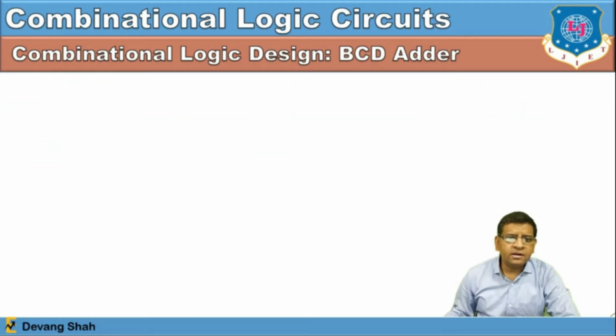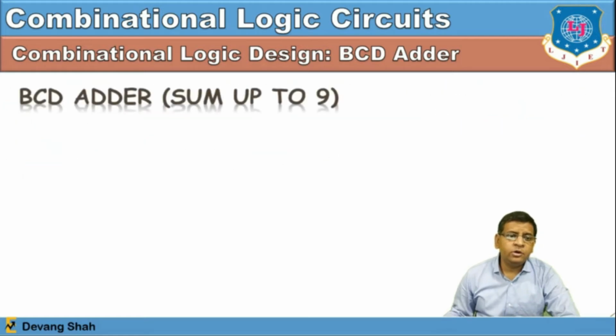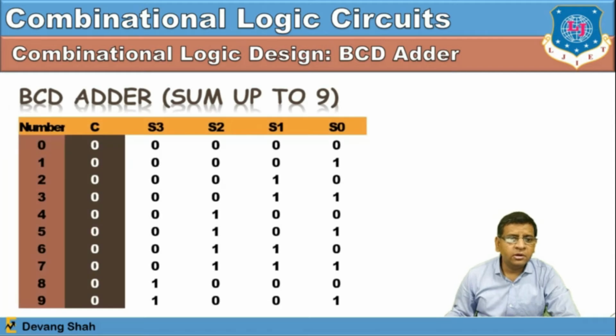From this particular table we can learn the terminology, where you can find the numbers from 0 to 9, right? And the corresponding BCD numbers I can consider as S0, S1, S2, S3, in this sequence, which represents the BCD weights 8, 4, 2, 1, and C is called the carry, right? For a number from 0 to 9, there is no problem converting a binary number to a BCD number.